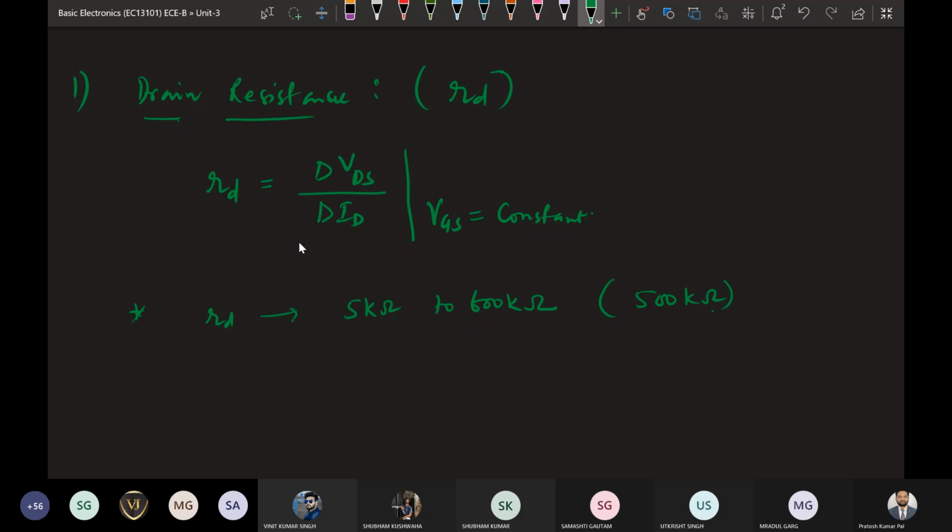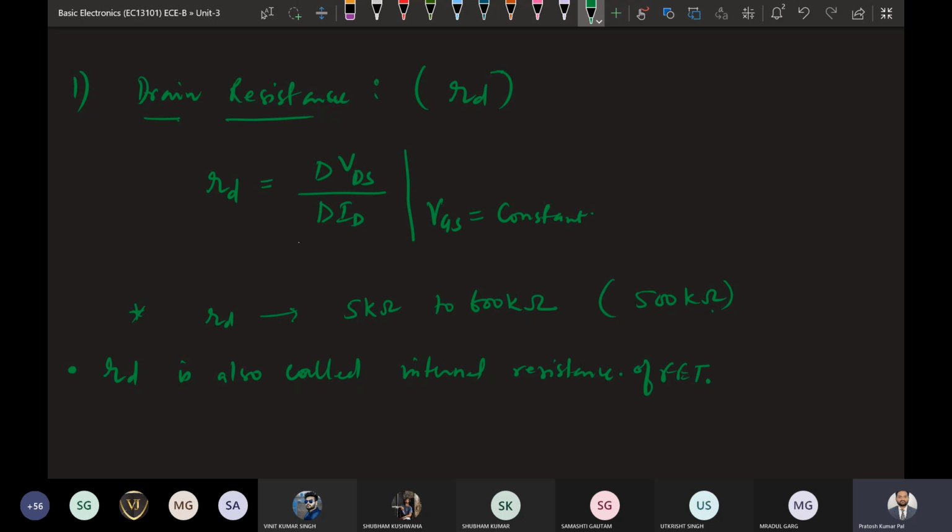This RD is also called the internal resistance of FET.